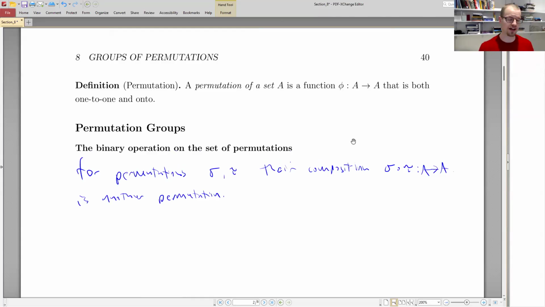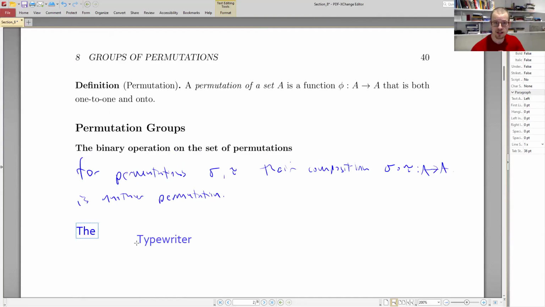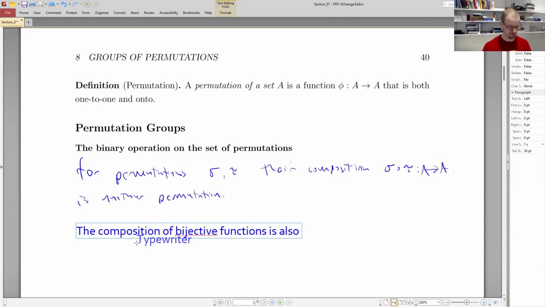Now, in order to verify that, we would have to verify a couple of things. I'm going to make a bold assumption here: that we've seen a proofs course, and typically presented in a proofs course is that the composition of bijective functions is also bijective.